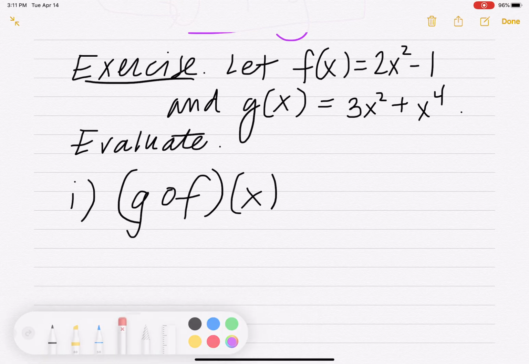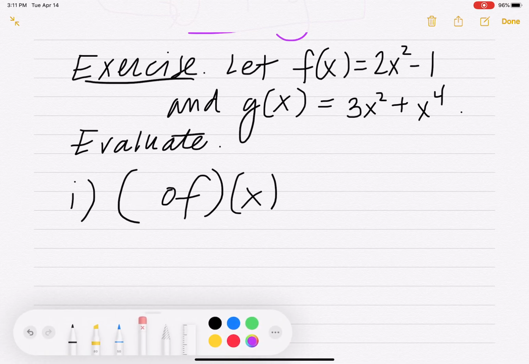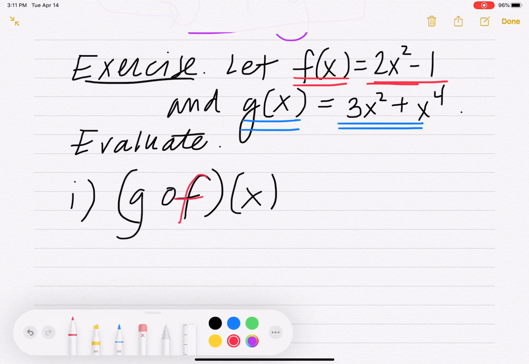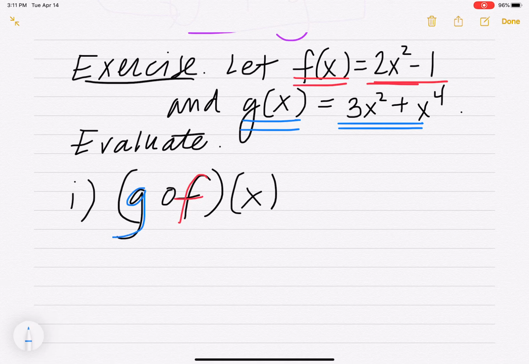So I have what here? Let's call G my blue. Let's call F my red. This time the F is to the right and the G is to the left. So this time the G is going to be the first function.